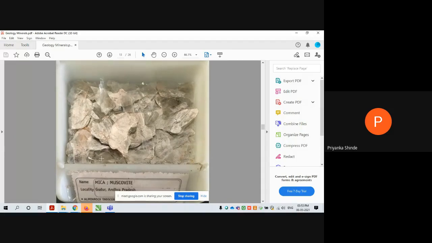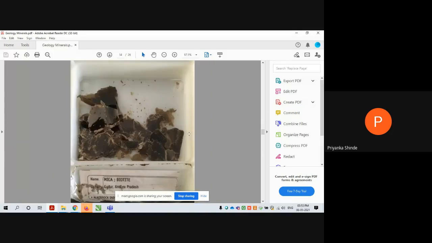Then it is also found in igneous rocks like granite and pegmatite. These are the rocks in which it is found, but it is present as an accessory mineral. Then the important thing is where it is used. Muscovite mica and biotite mica are both used in electrical and electronic insulators.